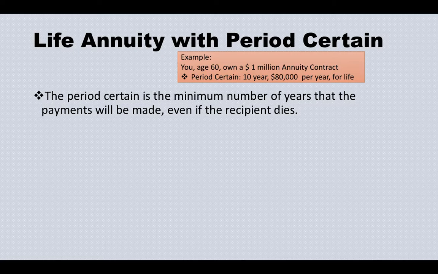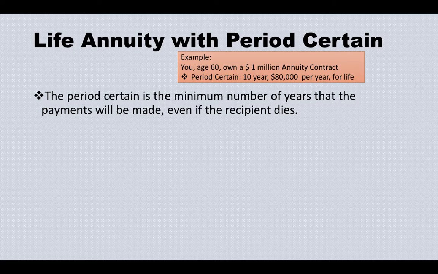So basically you say, you know what, I want a 10-year certain. Instead of paying you $100,000 per year, the insurance company says, I'm going to pay you $80,000 per year, however, I'm going to guarantee it for 10 years. No matter if you live or die, I'm going to pay you or your beneficiaries $80,000 per year.